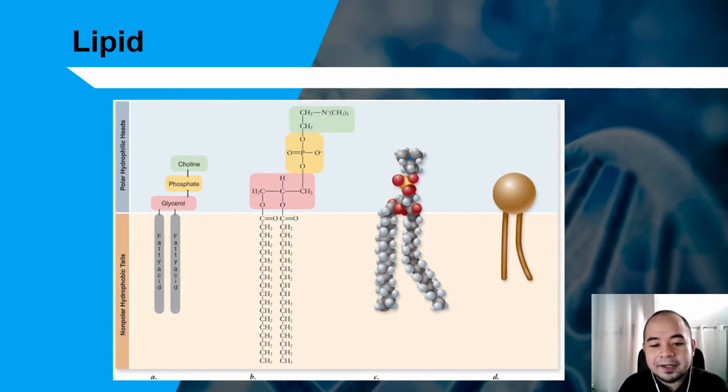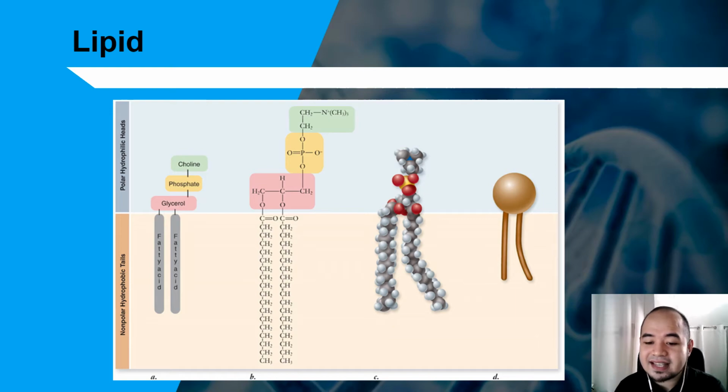Now, there are different ways na pwede mo siyang ipakita. So, we have here the glycerol, you have the phosphate, and you have the addition of choline. The choline makes the bonding of phosphate and glycerol more stable. It says something about the polarity of the molecule. And then we have the fatty acid here. Okay, or this cute thing here. So we have the head and we have the tail. Now, if we're going to ask, bakit naka-bend ito?